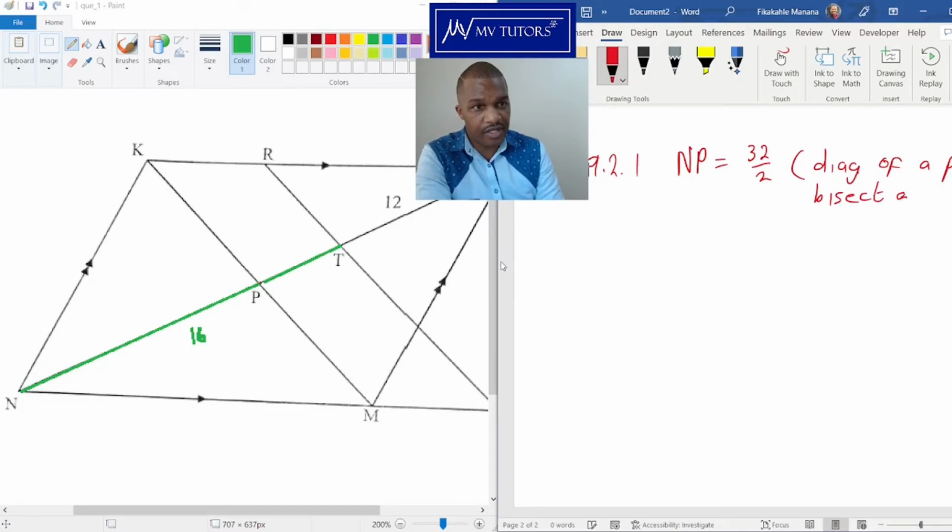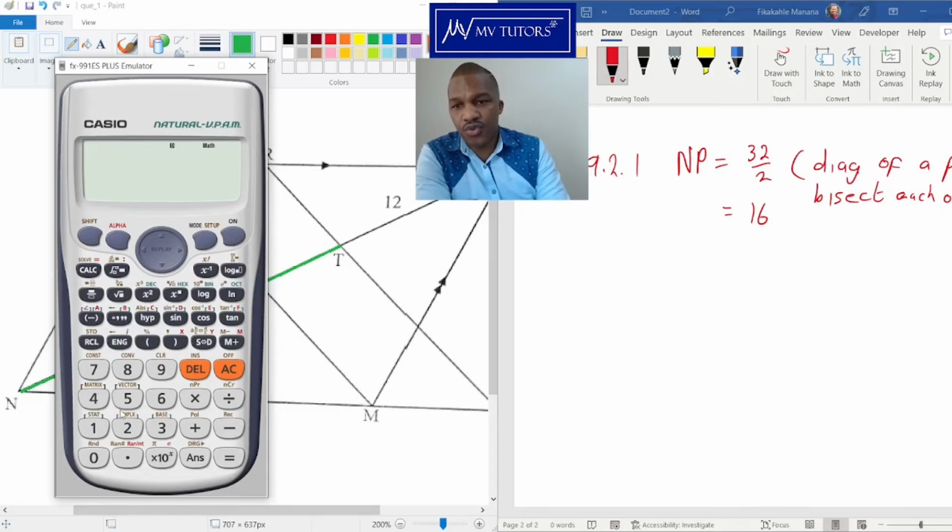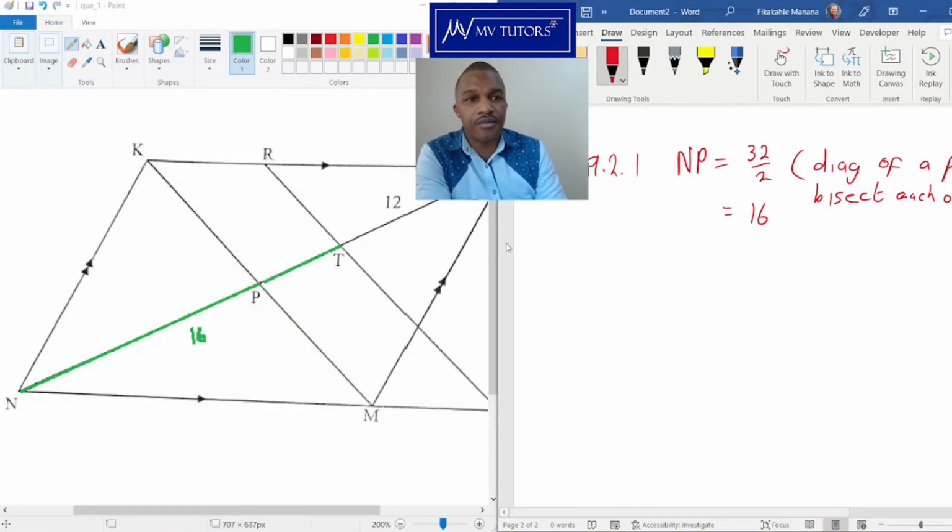Bisect literally means divide by 2. So NP is 16, because 32 divided by 2. For those who are unbelievers, let's put it in a calculator. There we go, 16.